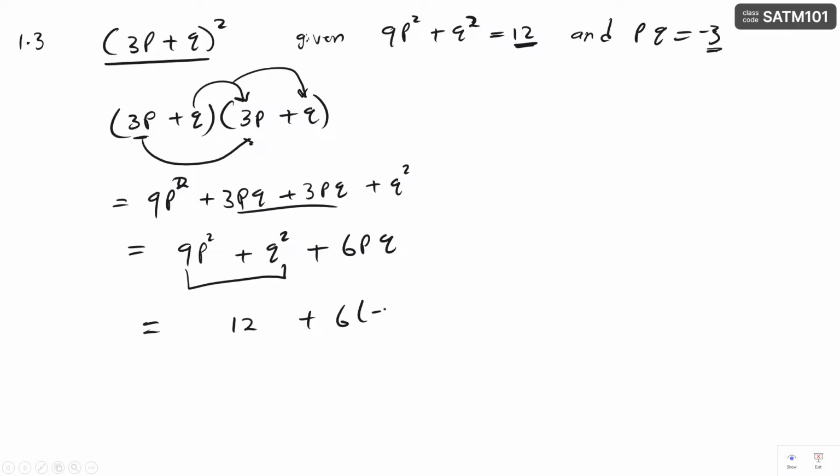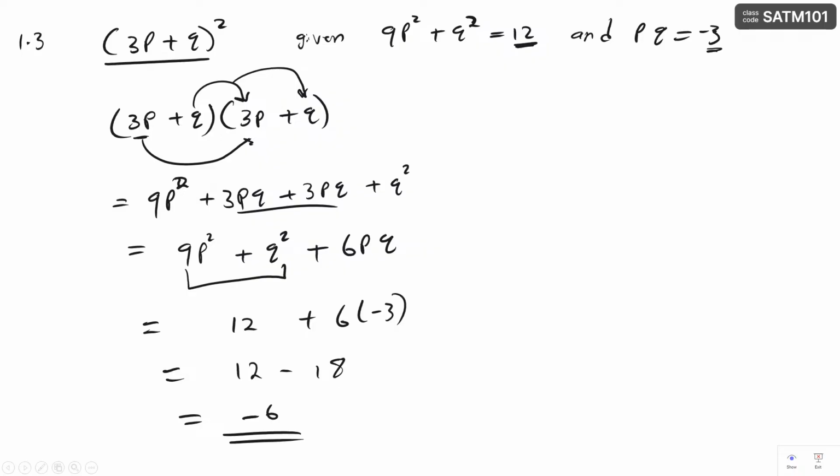So we're going to substitute -3 here. Now we can take our calculator. 6 times -3 is going to be -18. So it's 12 minus 18, which is going to give us -6. So our answer is going to be -6.